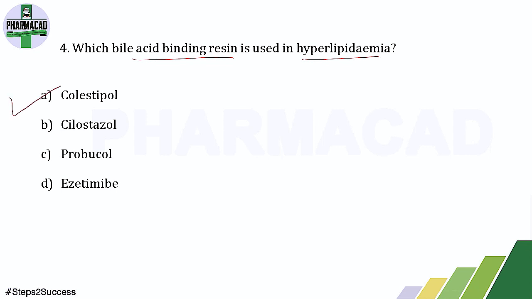The other examples have different mechanisms of action. For example, ezetimibe is a cholesterol absorption inhibitor. So whatever cholesterol is in our diet, ezetimibe will not let it be absorbed. What will probucol do? It will bring about low density lipoprotein metabolism.